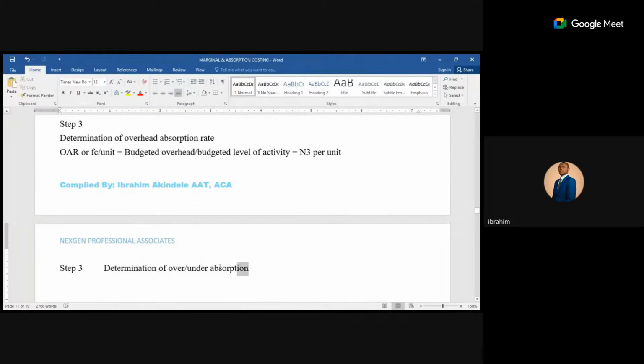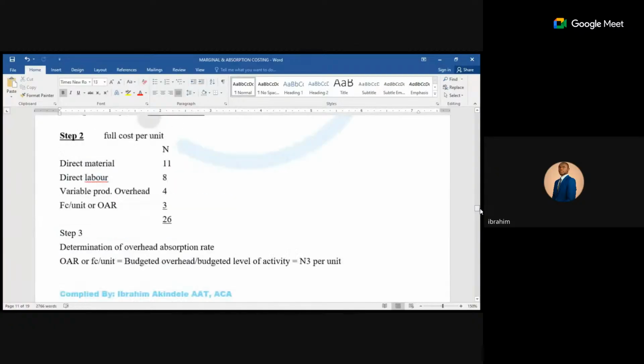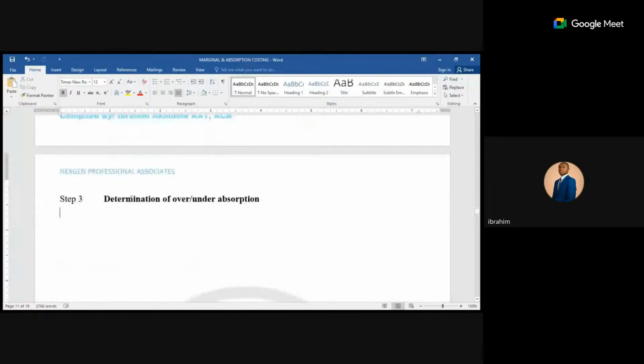So we need to determine if it is over absorption or under absorption, class, which is calculated as the actual fixed overhead. You appreciate this more when we get to variance analysis, right?